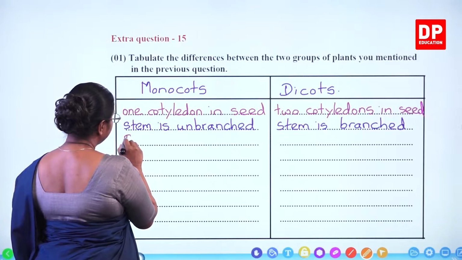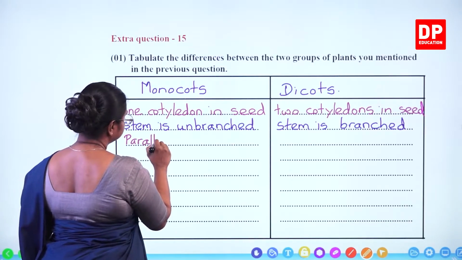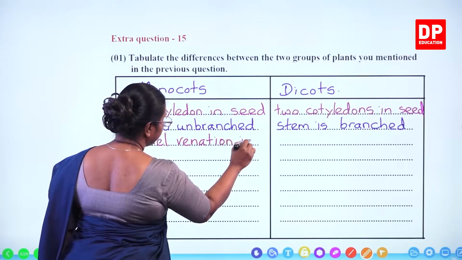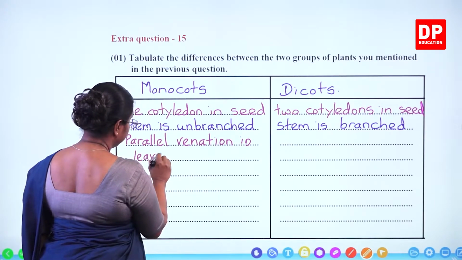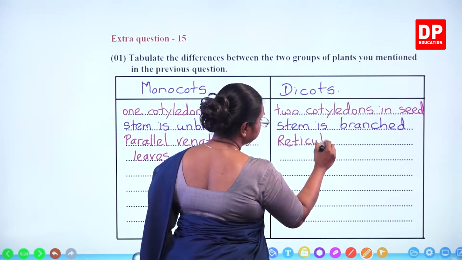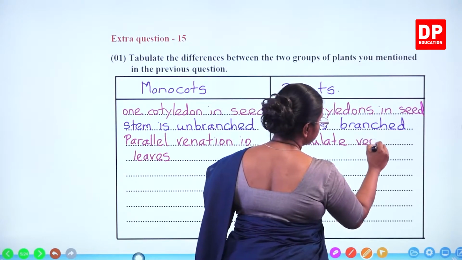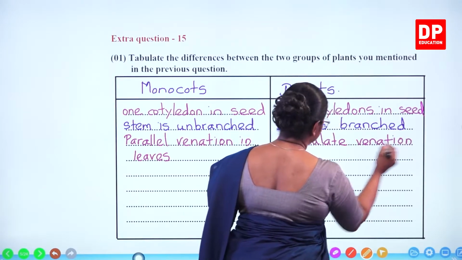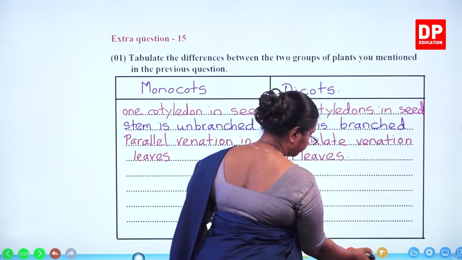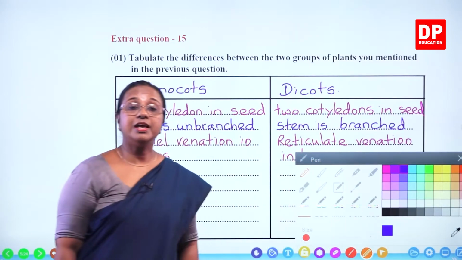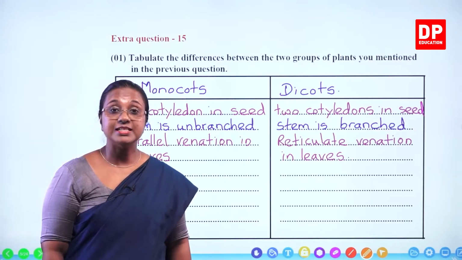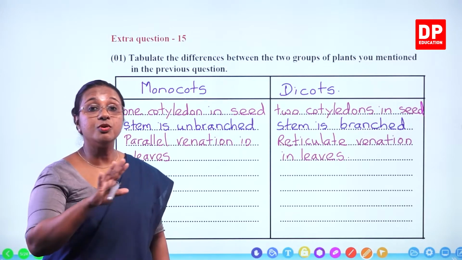So here, parallel venation in leaves. Here we have reticulate venation in leaves. Then, if we consider the root system, what is the root system in monocots? It's the fibrous root system, no taproot.